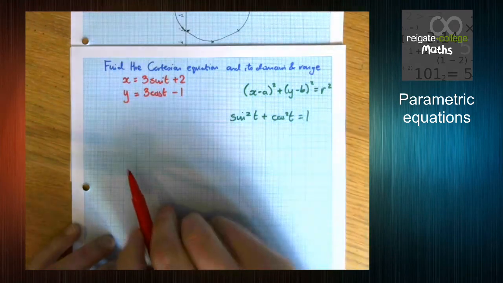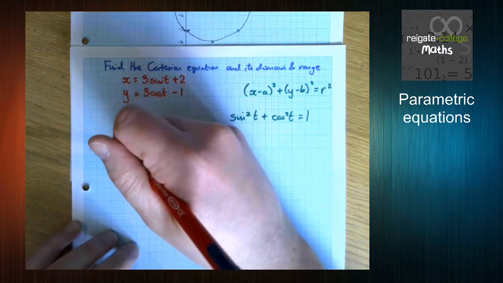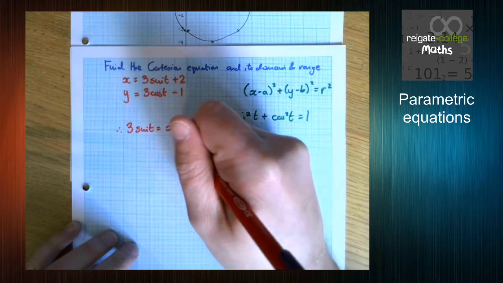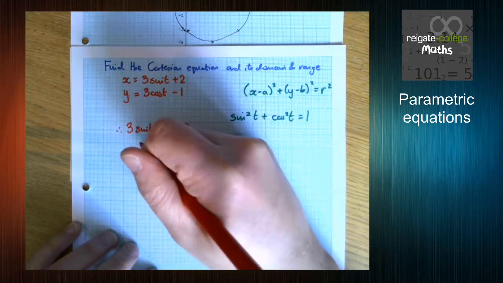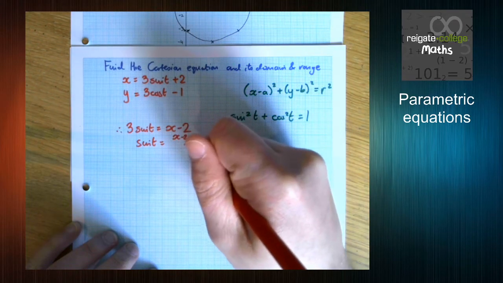So let's use that. We know that x is 3 sine t plus 2, so that tells us that 3 sine t is going to be x minus 2. So sine t is (x minus 2) over 3.